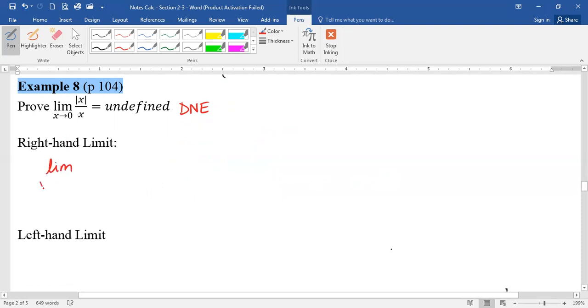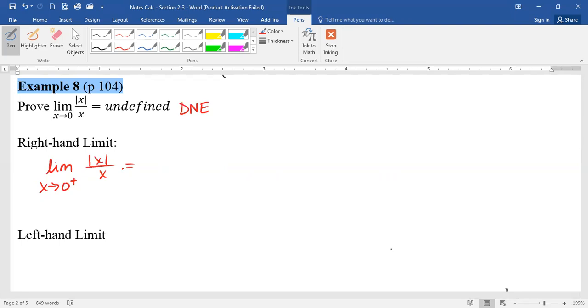Okay, so the limit as x approaches 0 from the right of the absolute value of x over x. What does that equal? Well, if we think about it from the right and think about that piecewise function that we just looked at, from the right that means all of my values that I'm putting in are positive, right? In other words, just x.